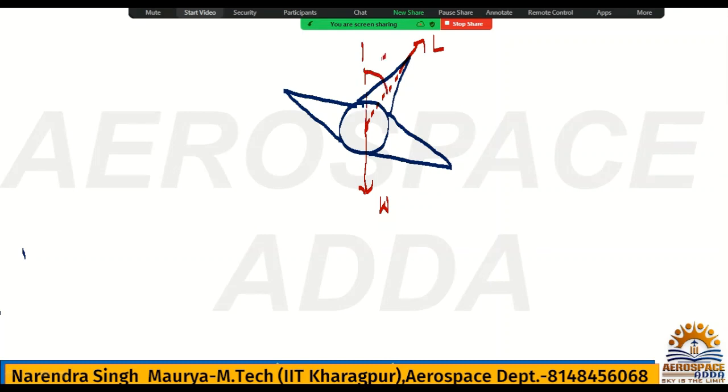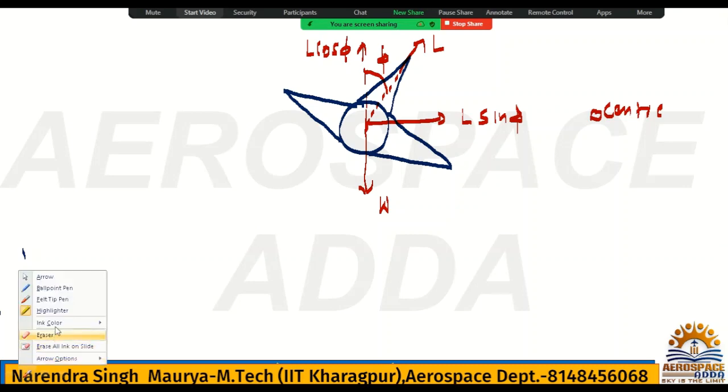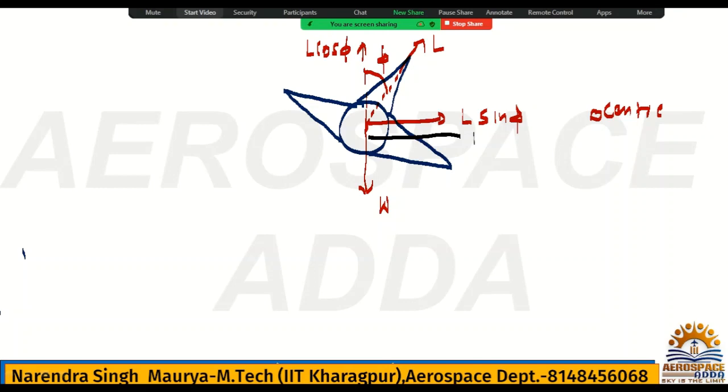It is making angle phi, which is called banking angle. So two components of lift you will get: this side L cos phi and this side L sin phi. Somewhere here this is the center. About this center point it is going to turn, so turn radius will be R.